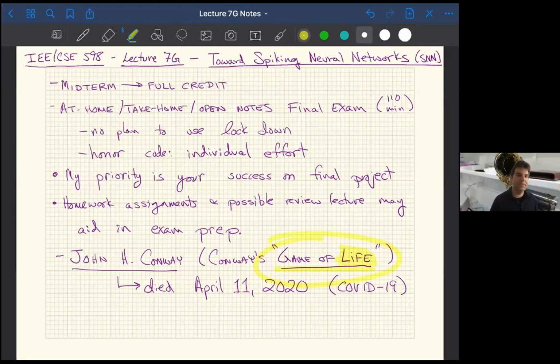So, okay, let's move on here with the spiking neural networks.